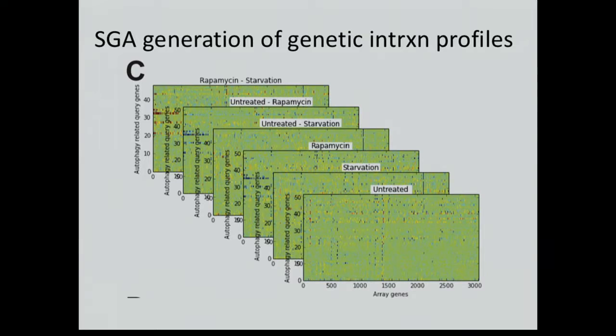But the other key point here is we did it not just in untreated conditions, but because of the fact we're studying a process that has known stimulants, we could look at how those genetic interactions change across autophagy relevant conditions. And so that's what's done here. We have the untreated profile, which I'm guessing Anastasia is going to just show us later.